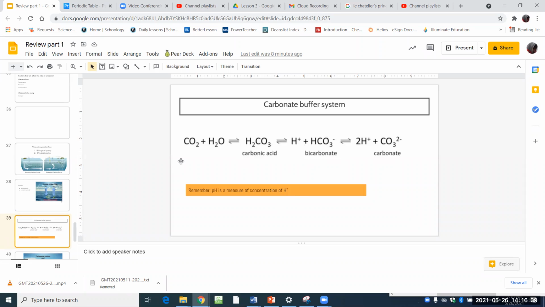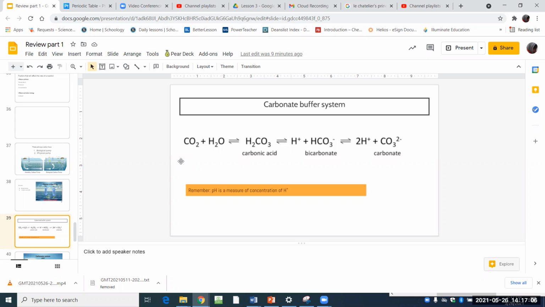Because this is a buffer under equilibrium, it is going to behave just like any reaction in equilibrium. Temperature and concentration will shift the equilibrium to the right or to the left to reestablish that equilibrium. Go back and look at Le Chatelier's principle and how reactions shift to the right or to the left to reestablish equilibrium or counteract the stress.